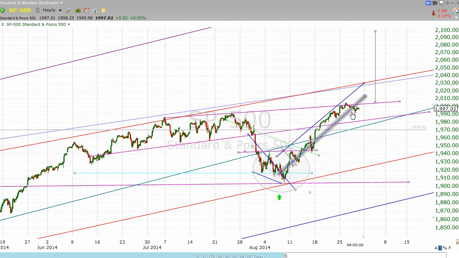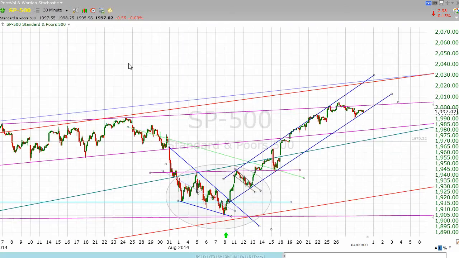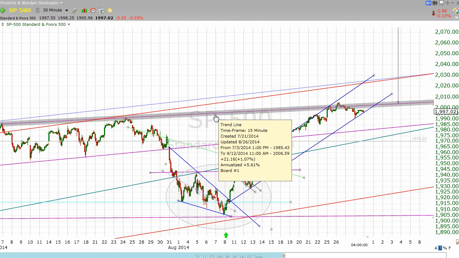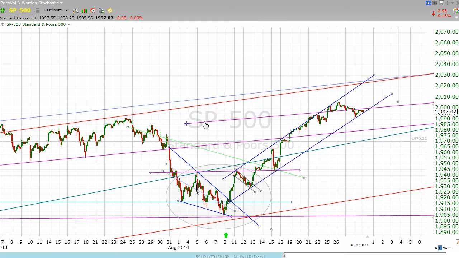If this line breaks, and it moved a little bit on me there, let's go back to a 30-minute. If this line breaks and we end up coming down to the 1980s, then that would be a nice potential development for this potential larger inverted head and shoulders pattern, which, by the way, we now need to move this neckline.